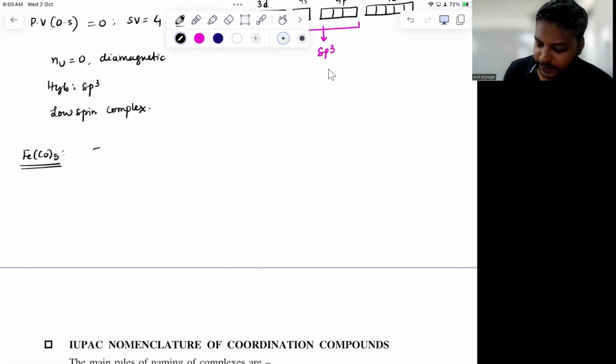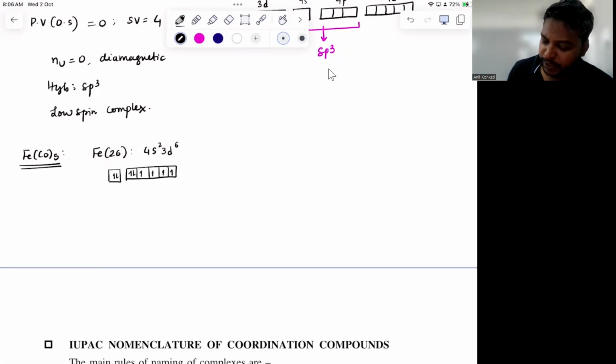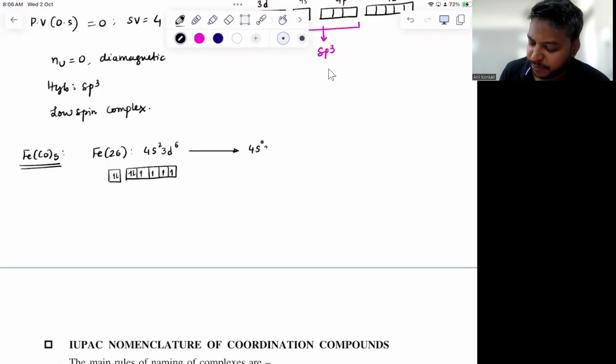In this case, check, iron is 26, so 4s2 3d6. Originally, we have 2 electrons in 4s and 4 unpaired electrons. As the ligands approach, we will club them up to make it 3d8.